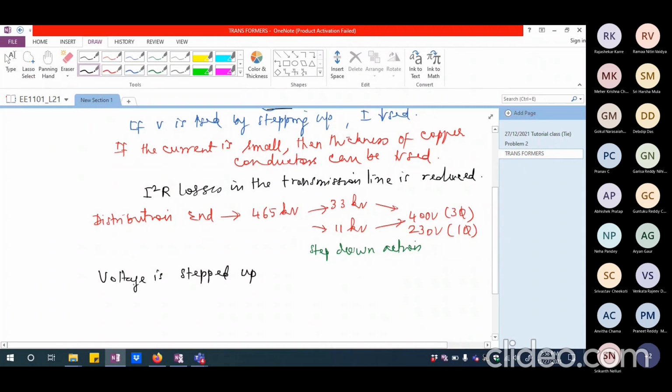So automatically if voltage is stepped up, then current has to be stepped down, because the same power has to be retained on the primary side as well as secondary side. So the current has to be stepped down. This is the way normally the transformer works. Whenever you are going to step up the voltage, correspondingly you are going to have the current being stepped down.